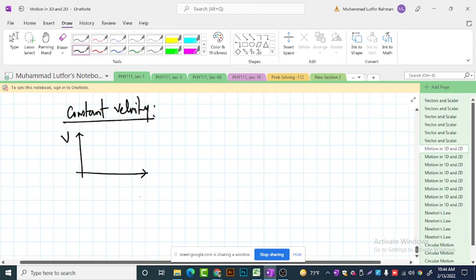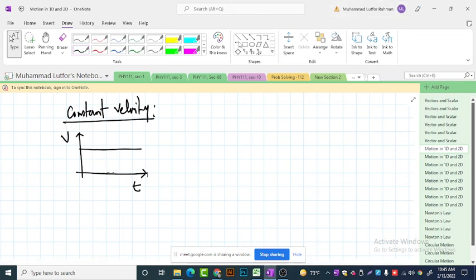Say this is velocity and this is time. What would be the curve? A straight line parallel to the x-axis, like this. So every time you increase the time, the velocity is not changing. That means the velocity remains constant here.